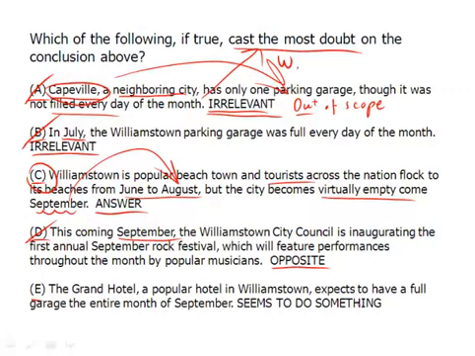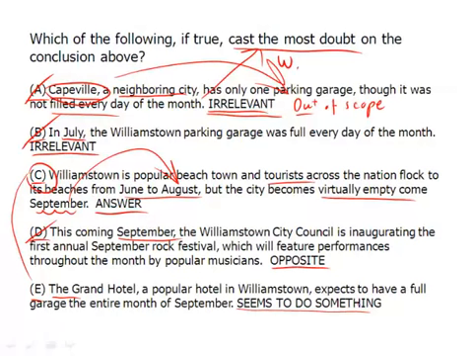Finally, we have E. The Grand Hotel, a popular hotel in Williamstown, expects to have a full garage the entire month of September. Now, I've classified this one as a seems-to-do-something answer, and I think it's the trickiest one. Usually when you get adept at these, you can narrow them down to two answer choices. And instead of making it just a 50-50, it's good to notice that just because one of the answer choices looks like it's doing something, it's definitely pertinent or relevant to the argument, doesn't necessarily mean it's the answer. So here with the Grand Hotel, what is it telling us?